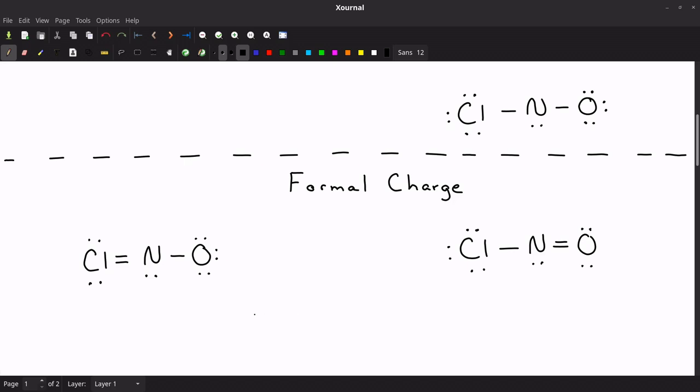Okay, so one of these guys is going to be our correct structure and the other one is not. In order to do this, we first need to figure out the formal charge on each one of them.